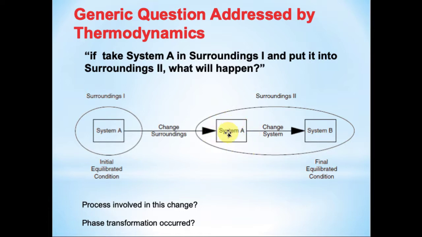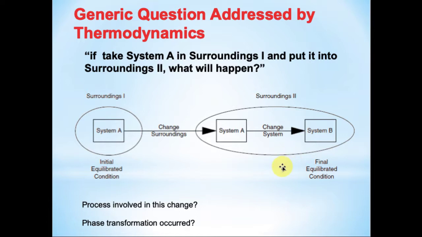System A here experiences a change in surroundings when it is placed in the furnace. As a result, System A begins to change its condition toward a final state B, which is in equilibrium with these new surroundings too. Equilibrium here means equal balance between any system, any powers, any influences, equality of effect.